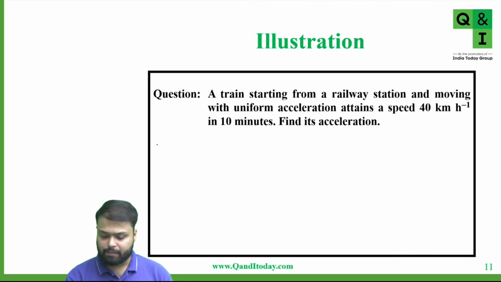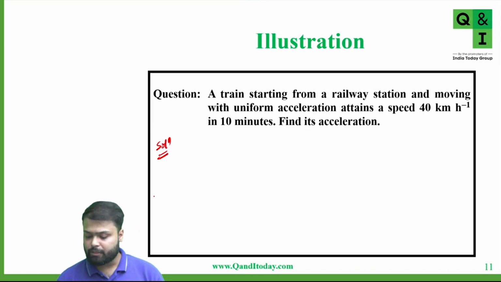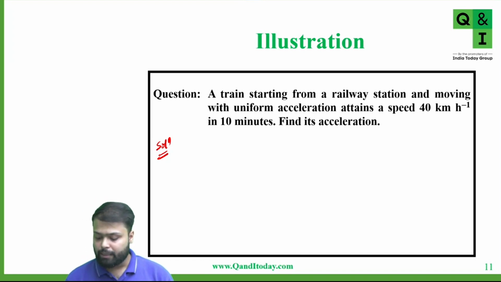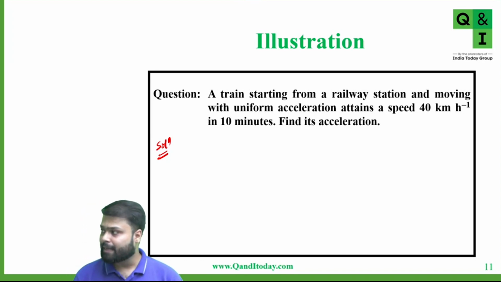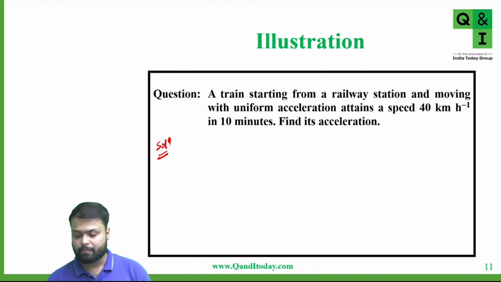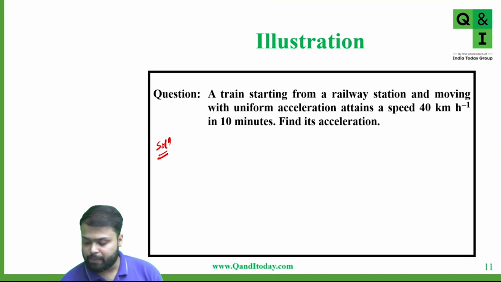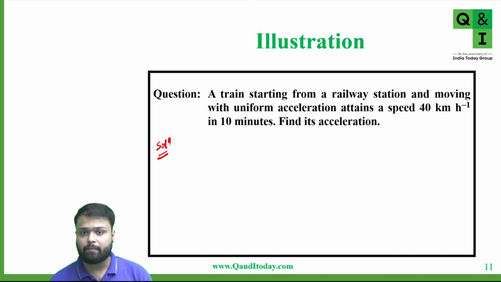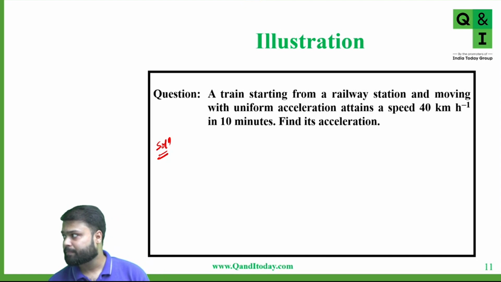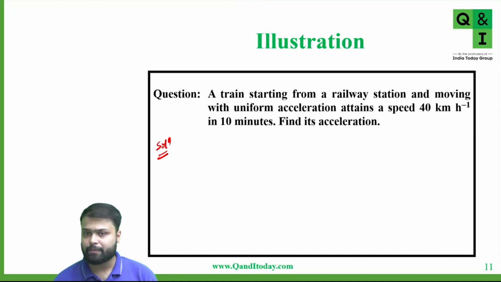Now, next, solve this question. A train starting from a railway station and moving with a uniform acceleration attains a speed of 40 km per hour in 10 minutes. Find its acceleration. Solve this question, everyone.